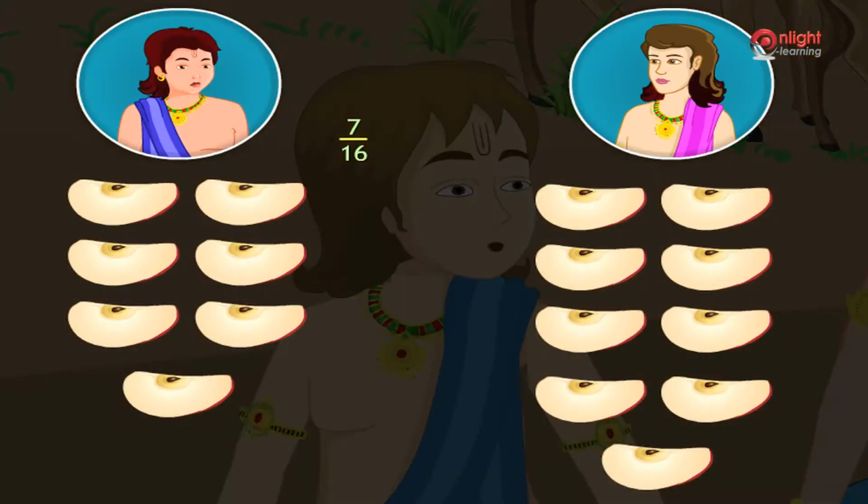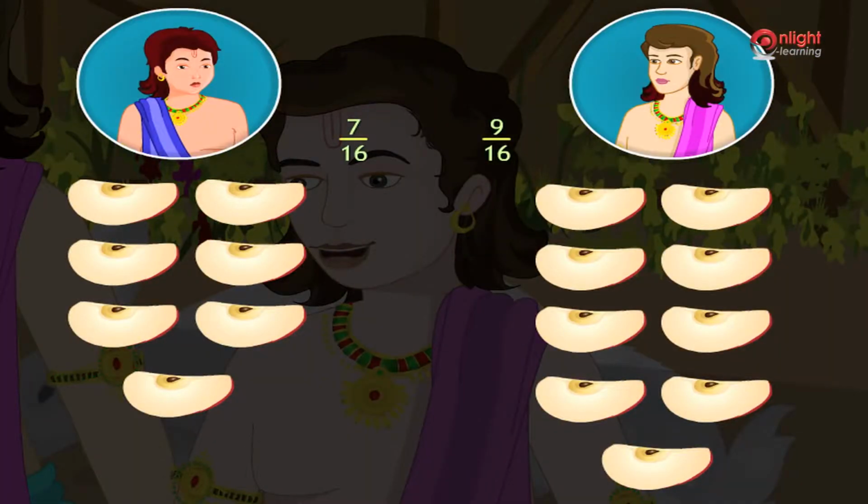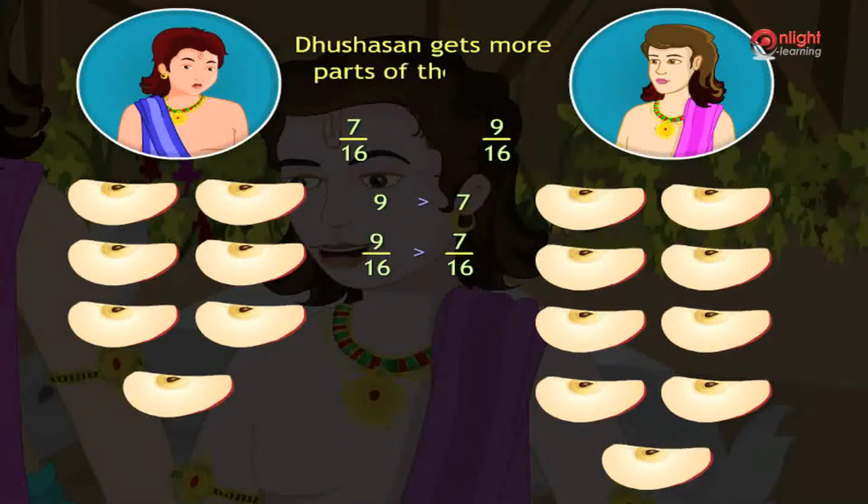As Dushasan gets 9 parts out of 16 parts, the fraction is 9 by 16. The fractions have the same denominator, so they are like fractions. While comparing the numerators, we find that 9 is greater than 7. Hence, 9 by 16 is greater than 7 by 16. Therefore, Dushasan gets more parts of the apple.